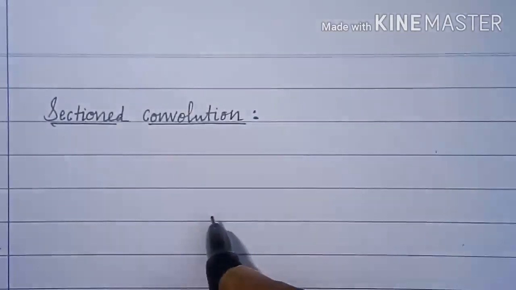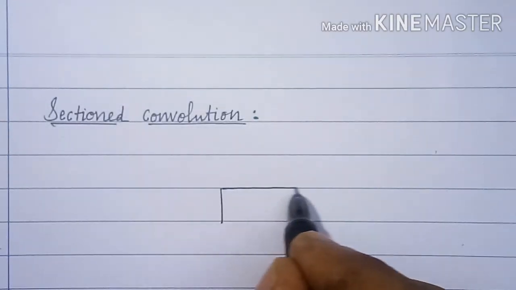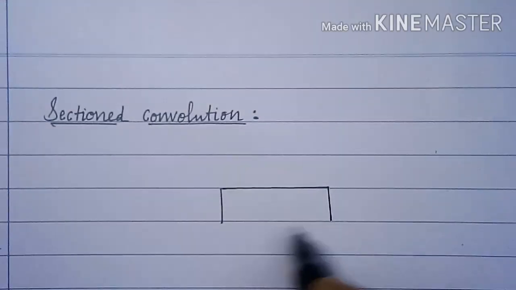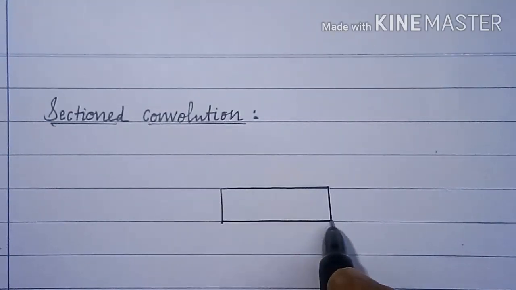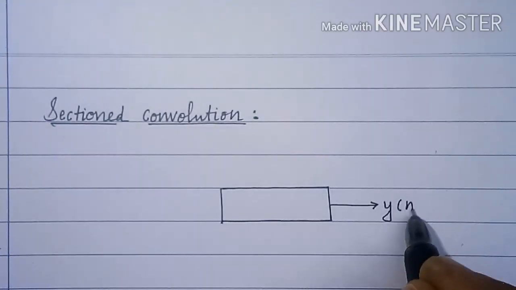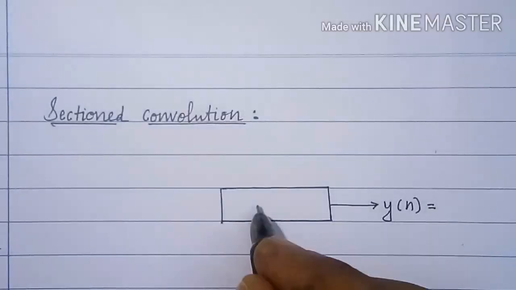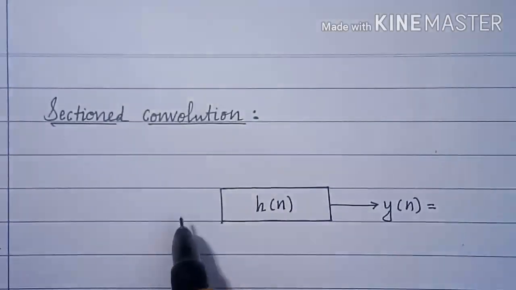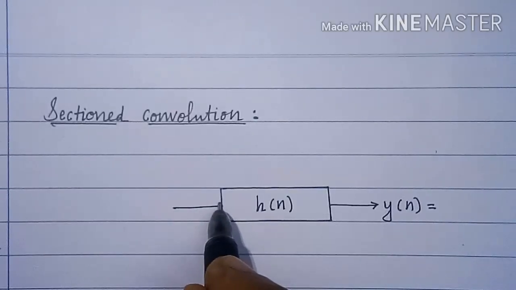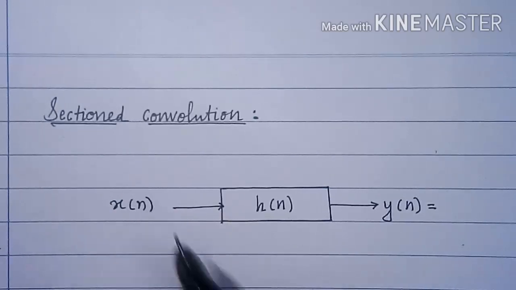The response y of n of any LTI system is computed as the linear convolution sum of the system impulse response h of n and the input sequence x of n.